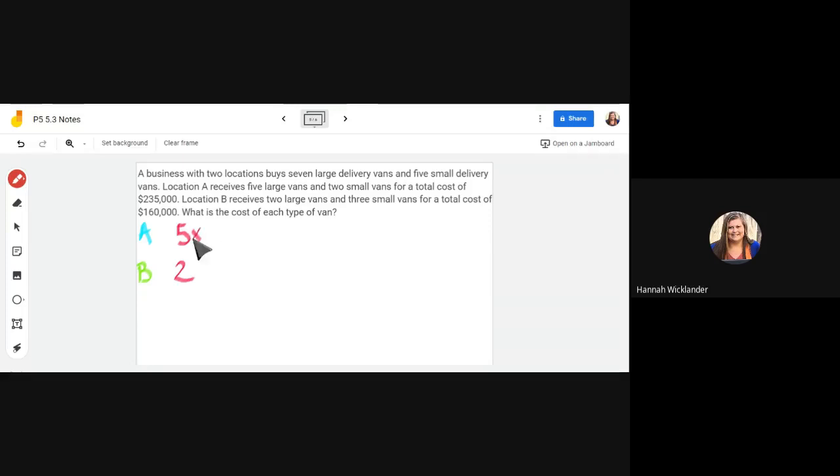I'm going to have the large vans be X, then 2 small vans for location A, and 3 small vans for location B. I'm going to have that be Y, equals, so they got all of these vans at location A for $235,000, and then location B paid $160,000. So now I'm going to solve using elimination.